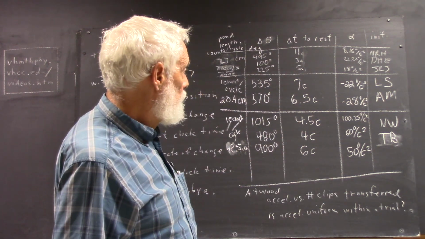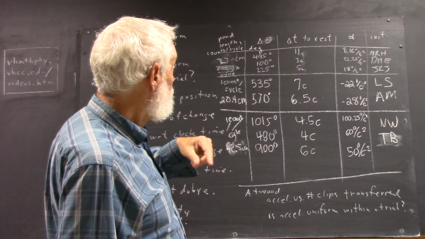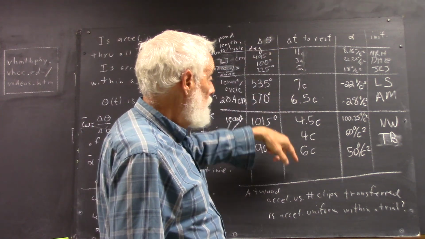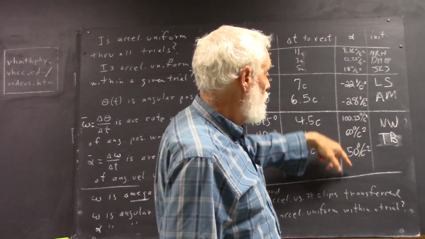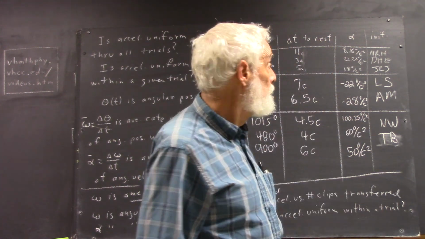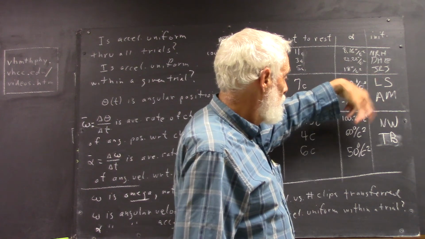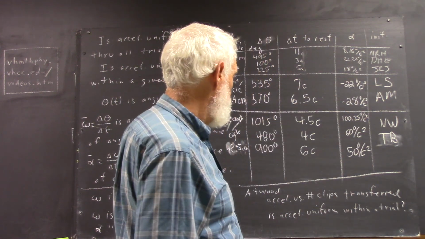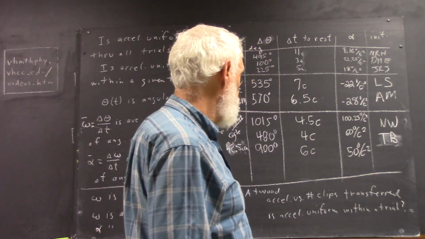I don't think that introduces a huge source of error at this level. And then the time to rest, so then people figured out the angular acceleration in degrees per count squared, usually, and the initials of whoever wrote this down and whoever's in the group.